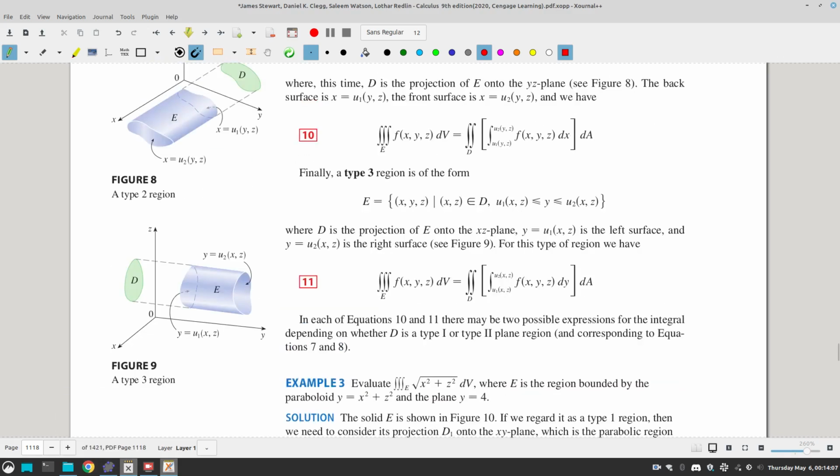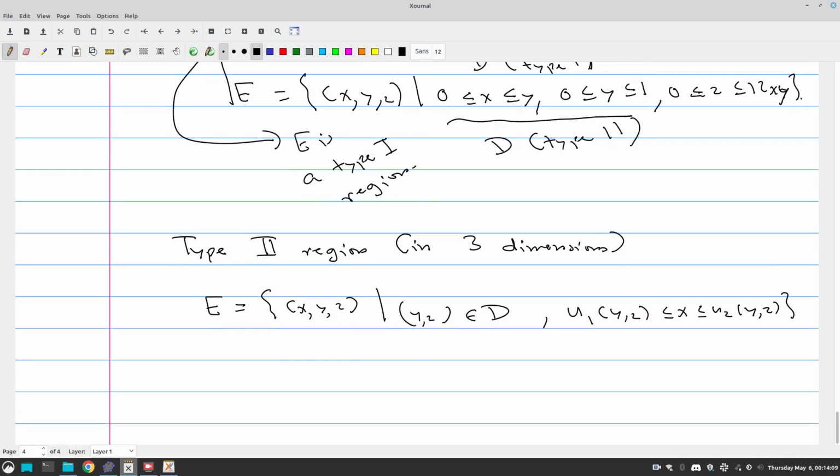In the type 2 region, D is the projection of E on the yz plane, not the xy plane, but the yz plane.